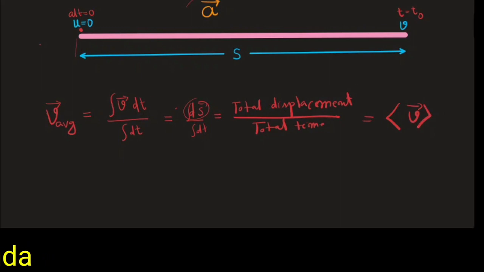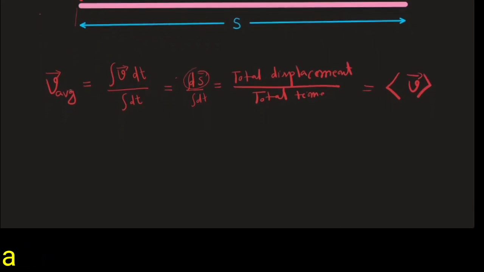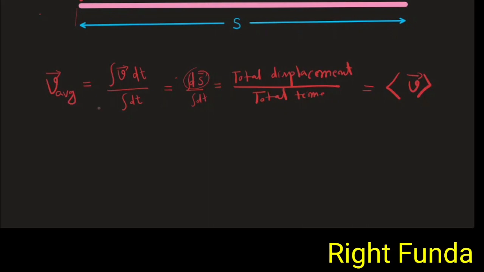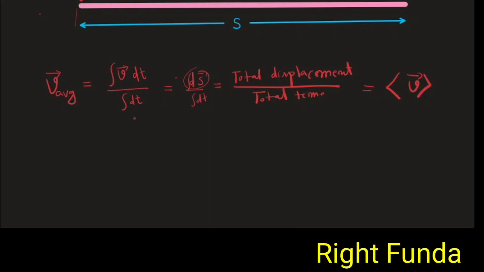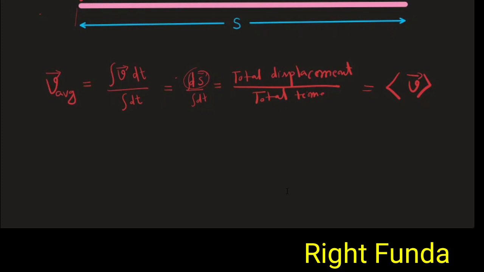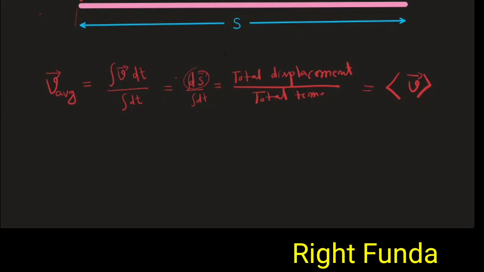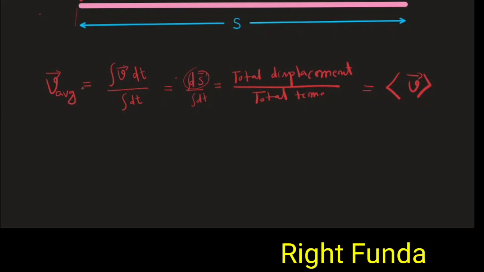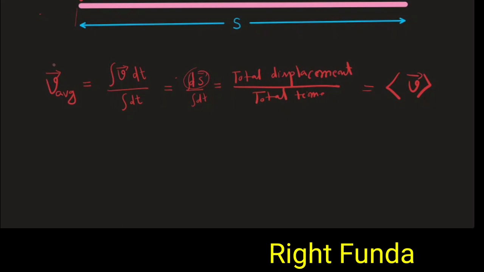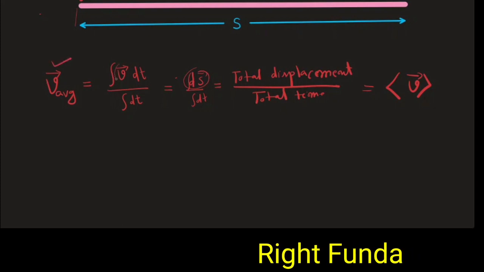This average is in fact called the time average, because we are averaging over the time. If you want to find the average of any quantity, this is the process. Here v is the instantaneous velocity.